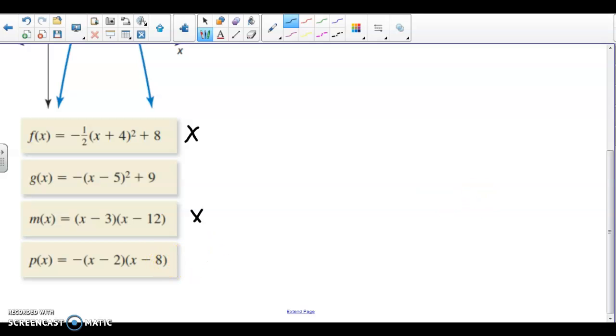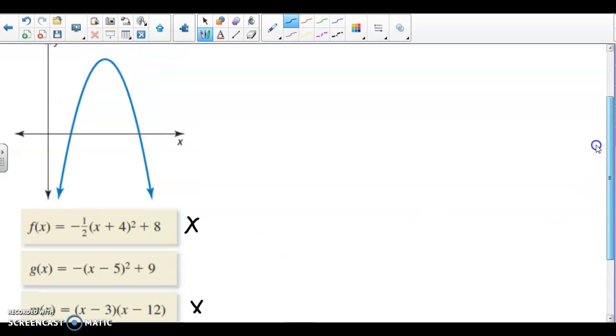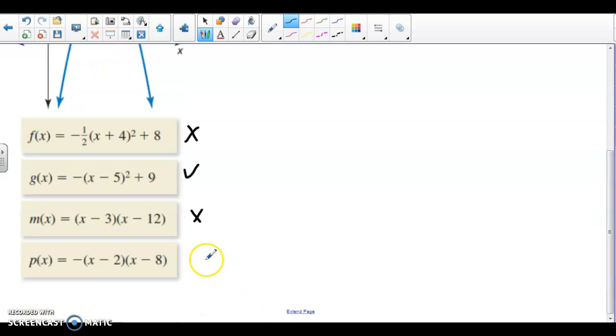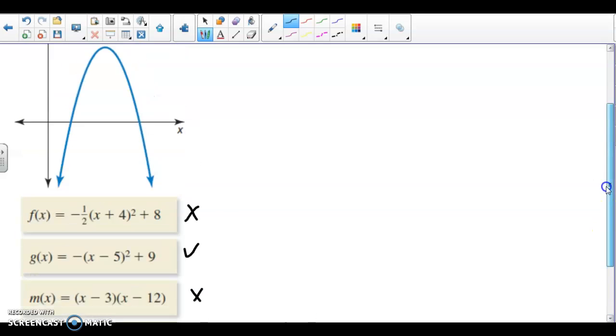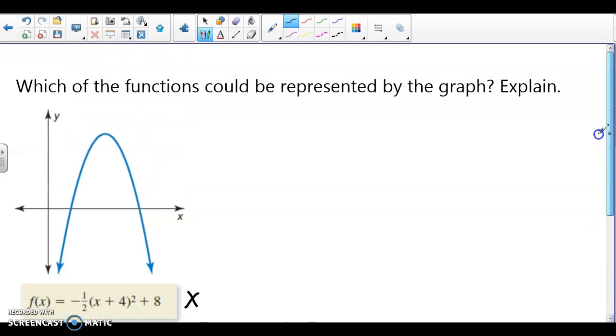So what we'll do now is we'll say, alright, well it has intercepts at 2 and 8, that's a possibility. This has a vertex of 5 and 9, that's a possibility. So it could be this one, and it could also be this one. So both of those functions could be represented by this graph.